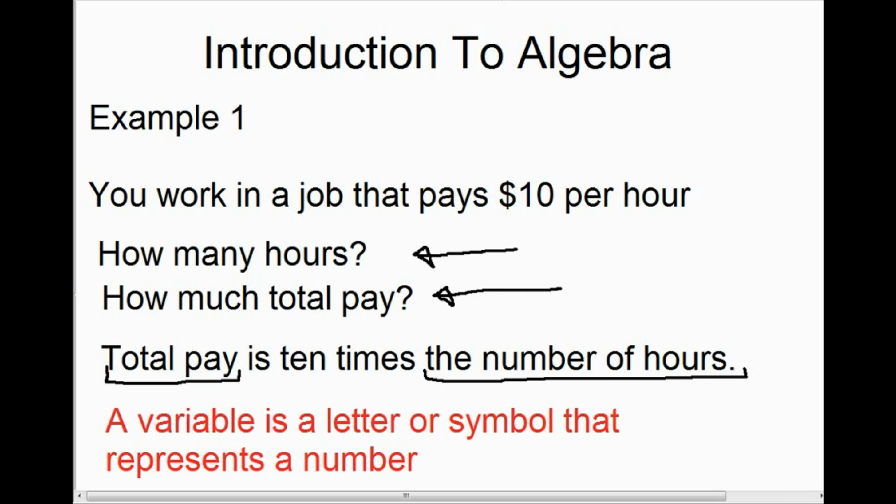And it usually represents a number that can change in a situation, that can vary in a situation. So in this situation, we actually have two pieces of information that can vary. Our total pay can be different, and the number of hours can be different. So we're going to write a math sentence using variables for each one of those pieces of information.